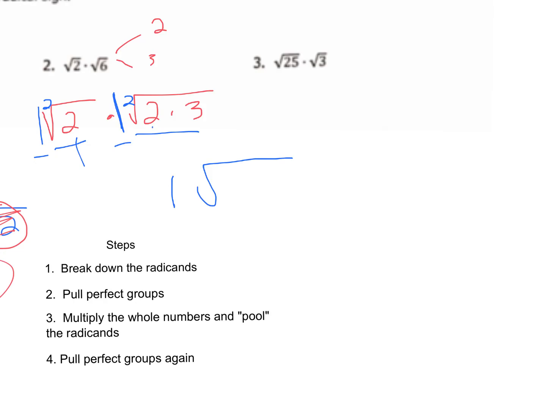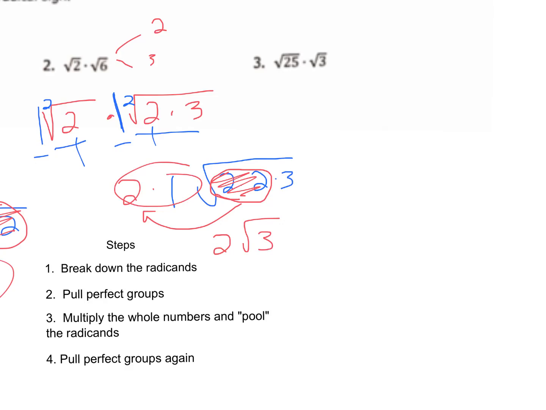So we have 2 2's, and we got a 3. Alright, so now let's pull our perfect groups. So we're going to kick that out as a 2. So 2 times 1 is 2, so we get 2 radical 3 as our answer.